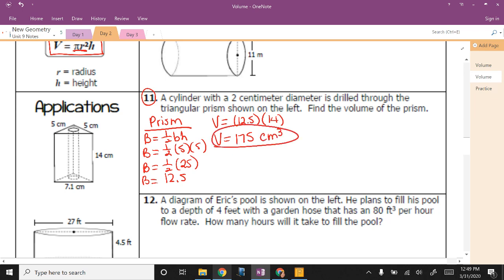Okay? Well, then we drill out the cylinder. So we need to find the volume of the cylinder. So remember that the volume of a cylinder is pi r squared h.